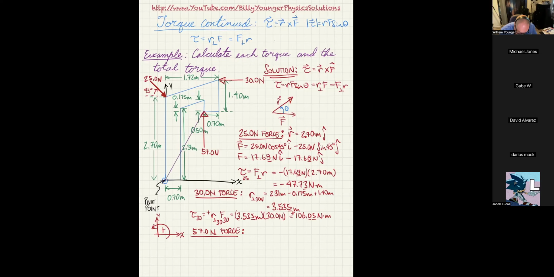I just drew that using my quick drawing program, which makes the picture look a lot better. So there's your lever arm vector, and that's the lever arm for the 57 Newton force.